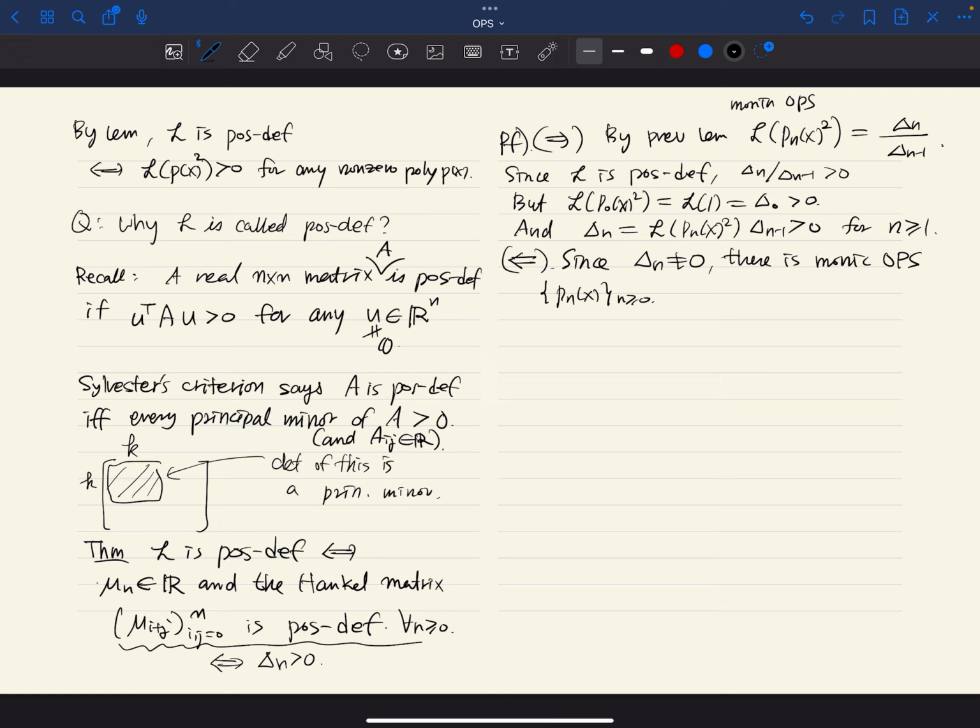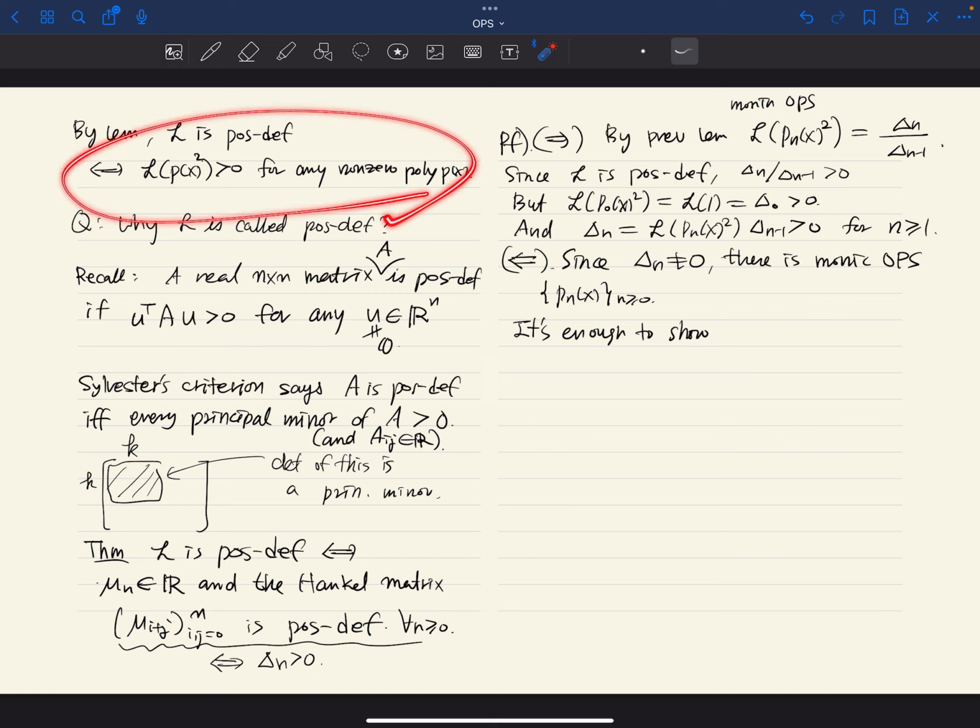Okay. So our goal in this direction is to prove that L is positive definite. Let me just say it's enough to show that the linear functional is positive.